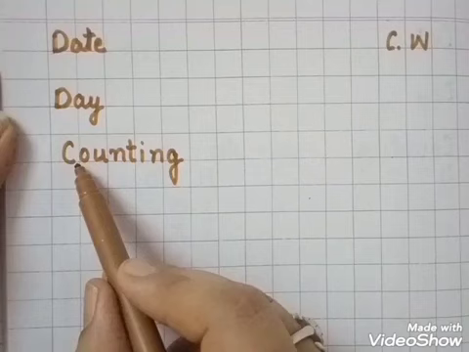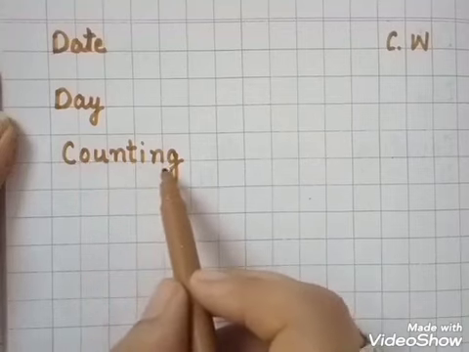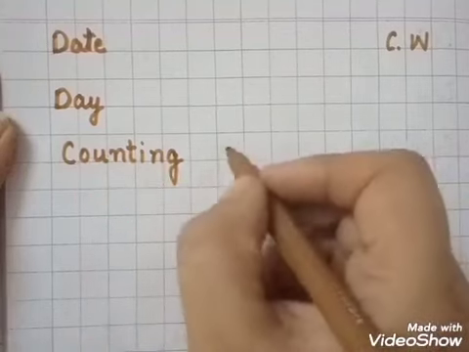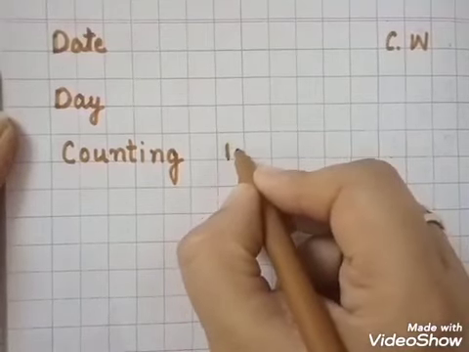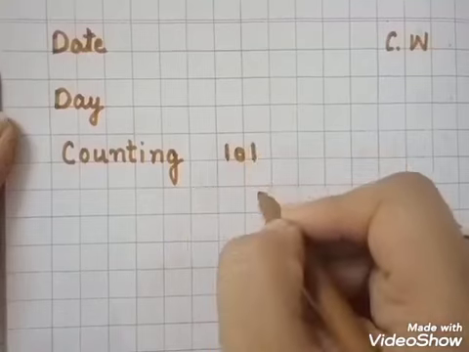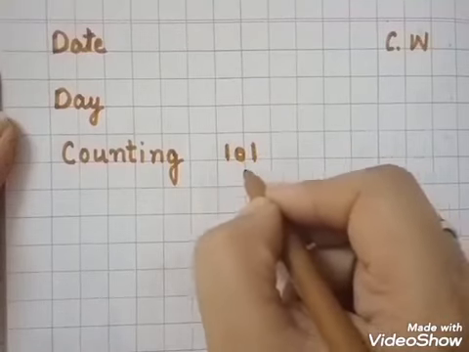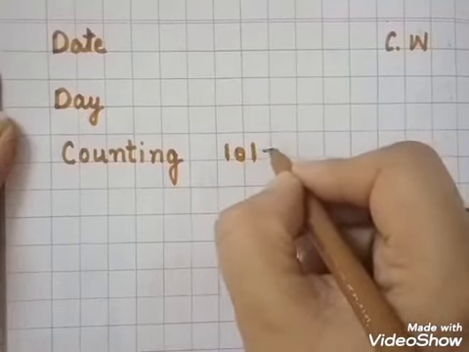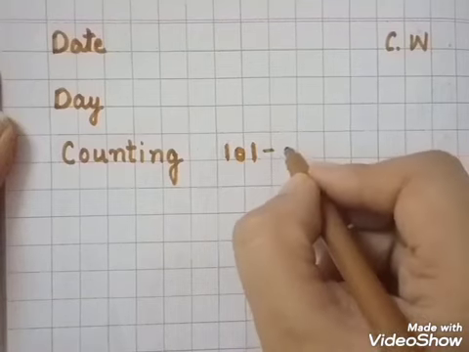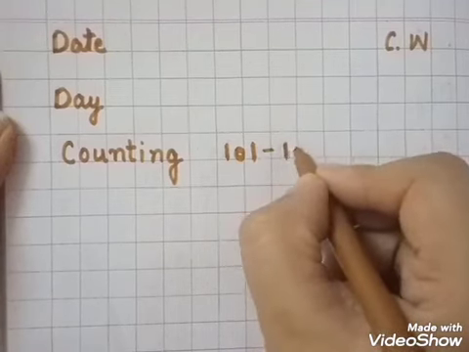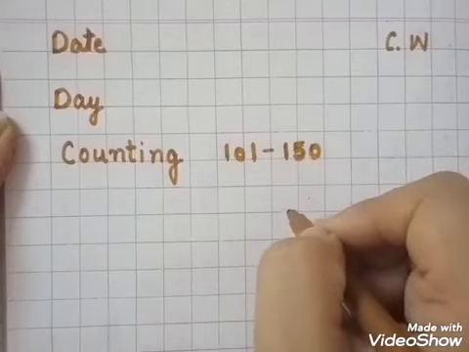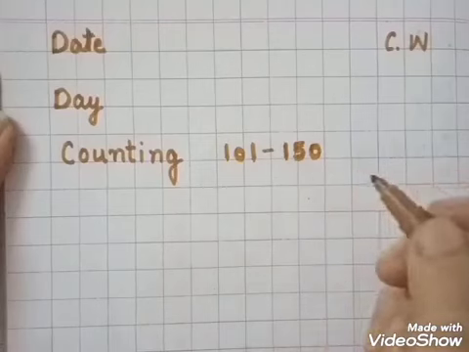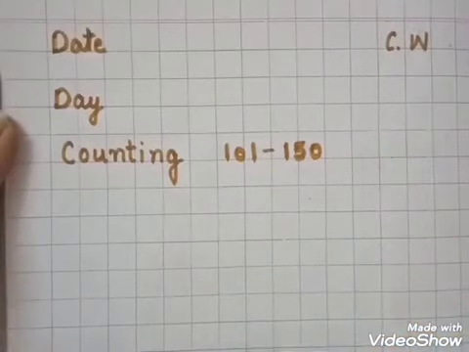C should be capital, OUNTING small letters. Then leave one box, write down here 101. Then make sleeping line and write down 150. And you have to write neat and clean in your notebook.